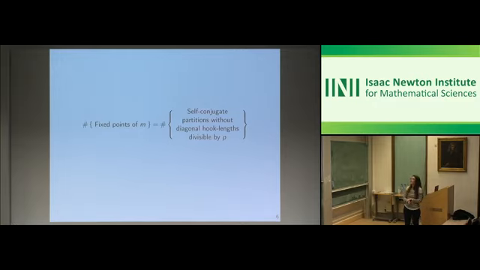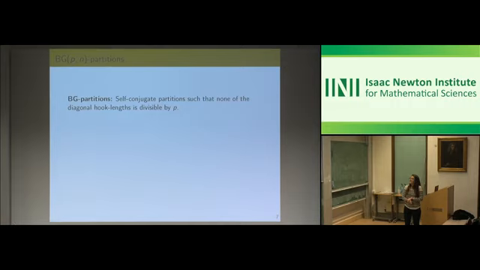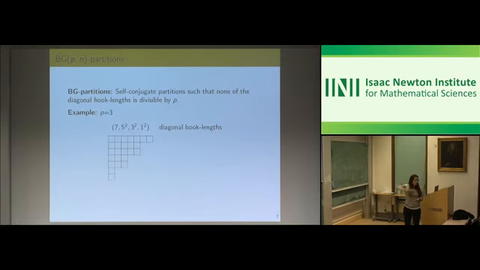What are those partitions? Let's see with an example. For short, I am going to call them BG partitions. Self-conjugate means fixed point of conjugation, of reflecting. And so this partition, for example, is clearly symmetric with respect to the diagonal, so it's self-conjugate.